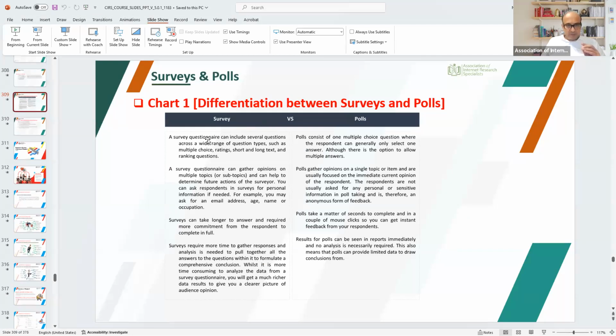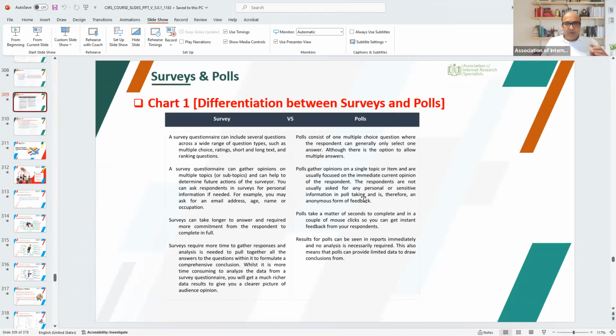So this chart is talking about where the surveys and the polls can be differentiated. For example, a survey questionnaire can include several questions across a wide range of question types, such as multiple choice, rating, etc. Polls consist of one multiple choice question where the respondents can select one answer.